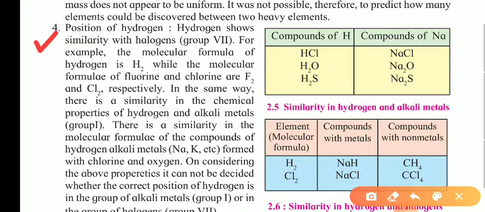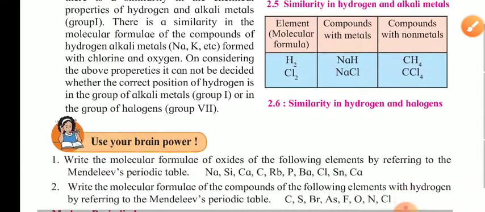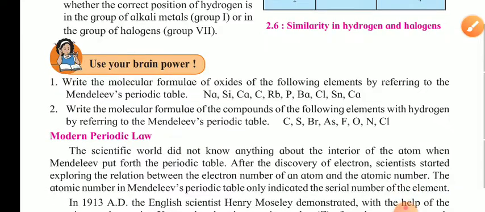There is a similarity in the molecular formula of the compounds of hydrogen and alkali metals like sodium and potassium, etc., formed with chlorine and oxygen. On considering the above properties, it cannot be decided whether the correct position of hydrogen is in group 1 or group 7 with the halogens. So that was another demerit of the periodic table.